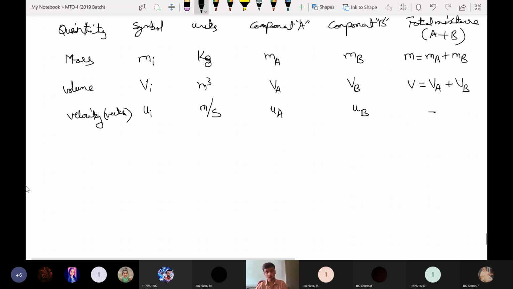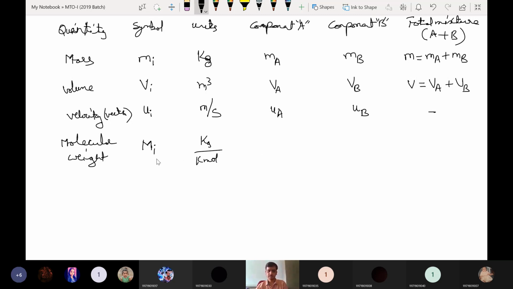Then the next quantity is molecular weight, denoted by capital M subscript i. We know the units are kg per kg mole, or gram per gram mole, or lb per lb mole; we can use anything.